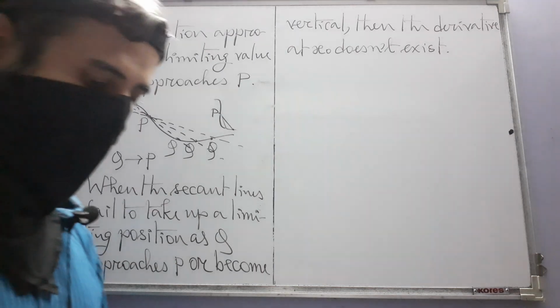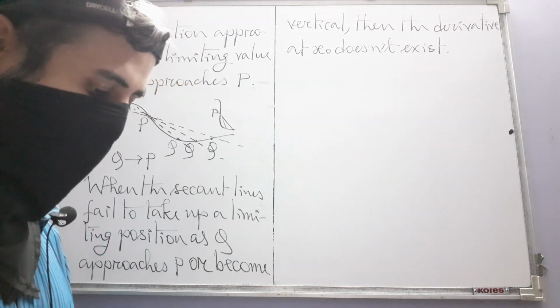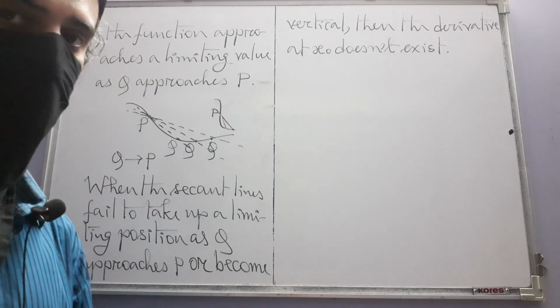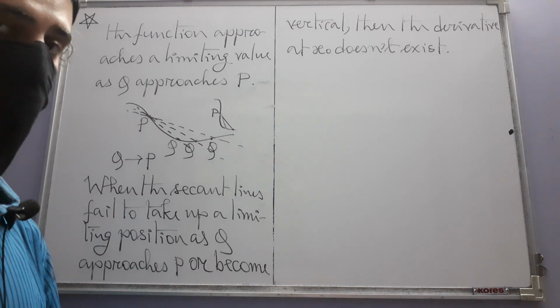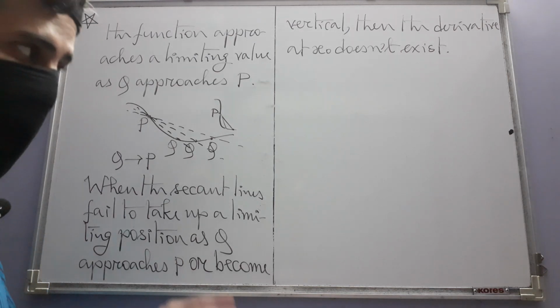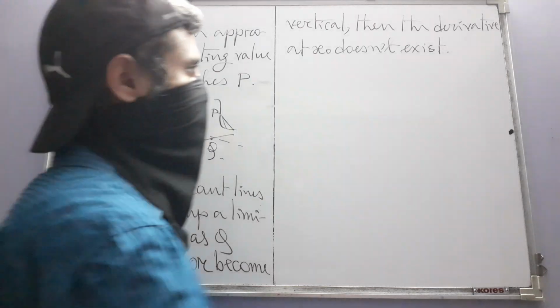Now besides this, a function whose graph is otherwise smooth can still fail to be differentiable at a point in the following situations.